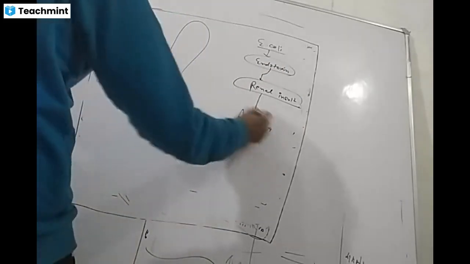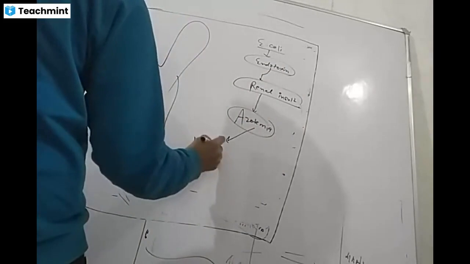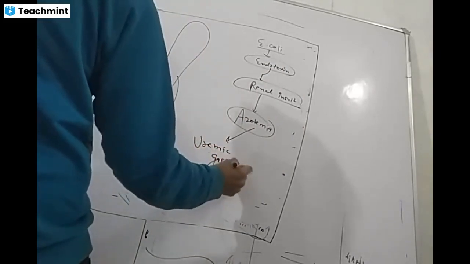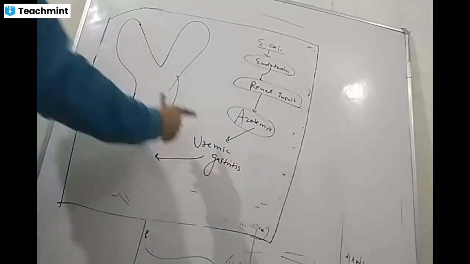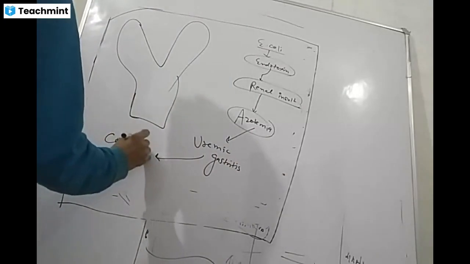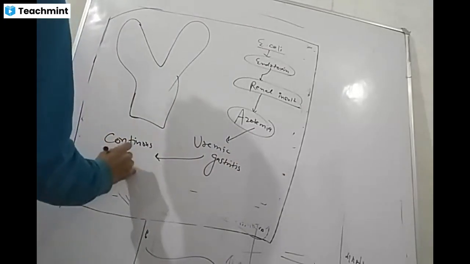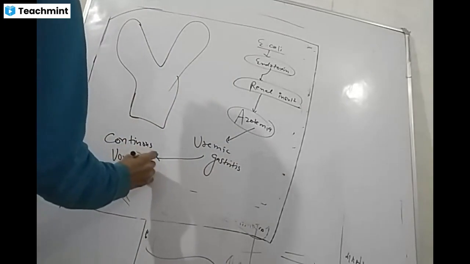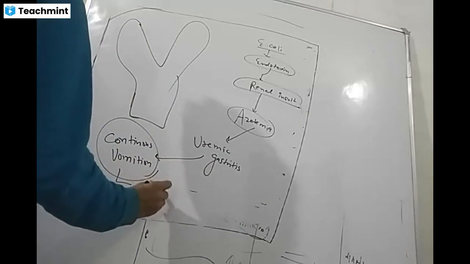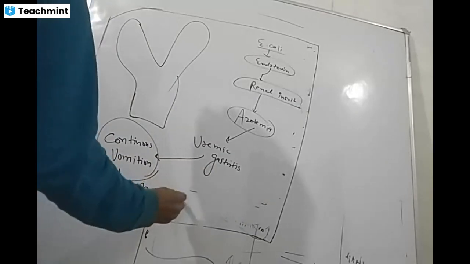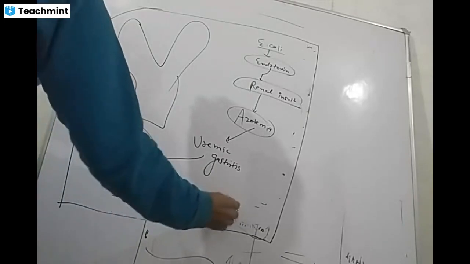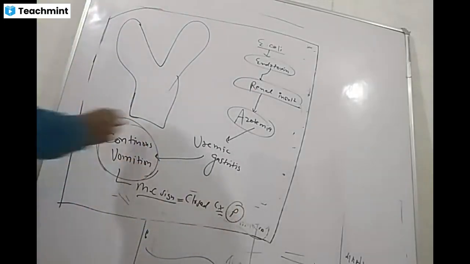And this azotemia will cause uremic gastritis. Because of this uremic gastritis, there will be continuous vomiting. So continuous vomiting is the most common sign of closed cervix pyometra.